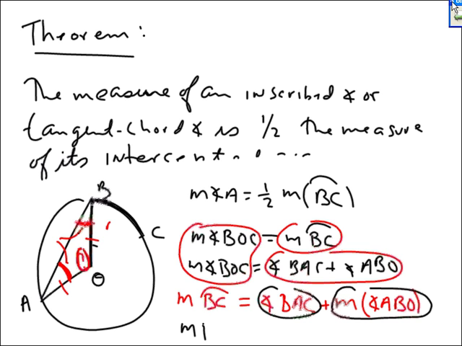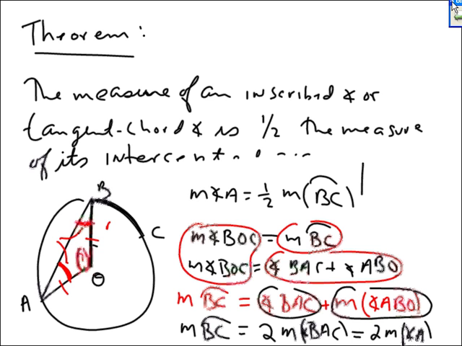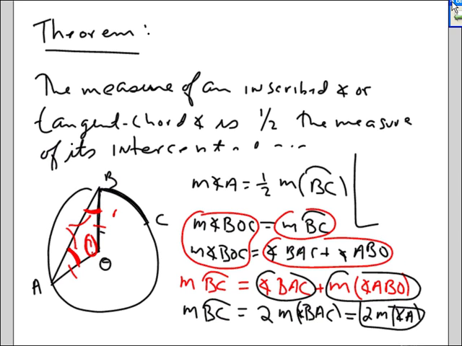The measure of BC is equal to 2 times the measure of angle BAC. But BAC is just angle A. It's 2 times the measure of angle A. And if this equals this, if I divide both sides by 2, I get exactly what I wanted.